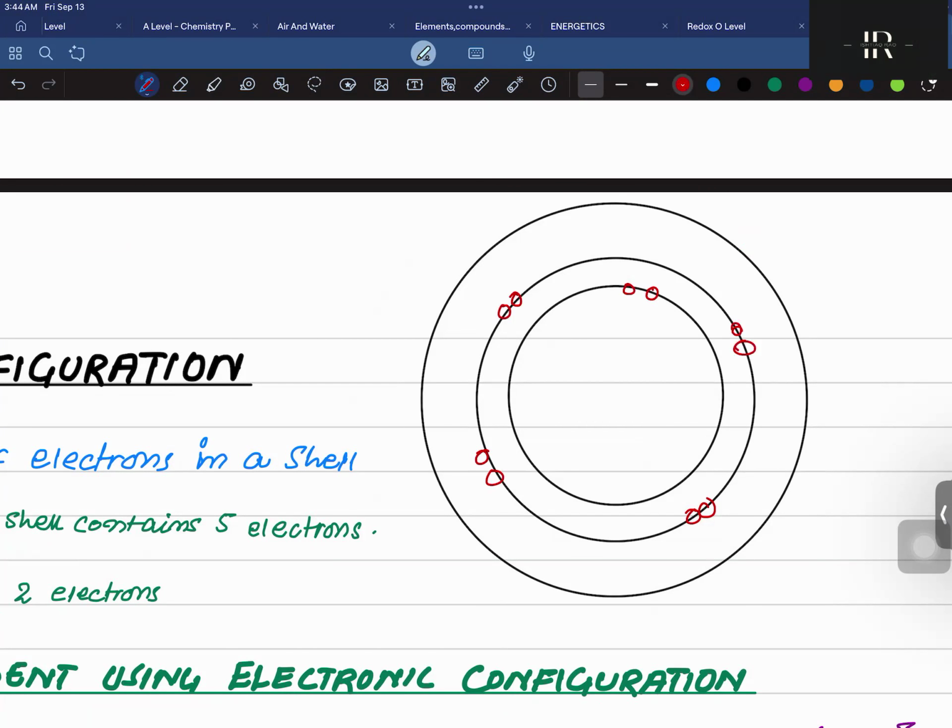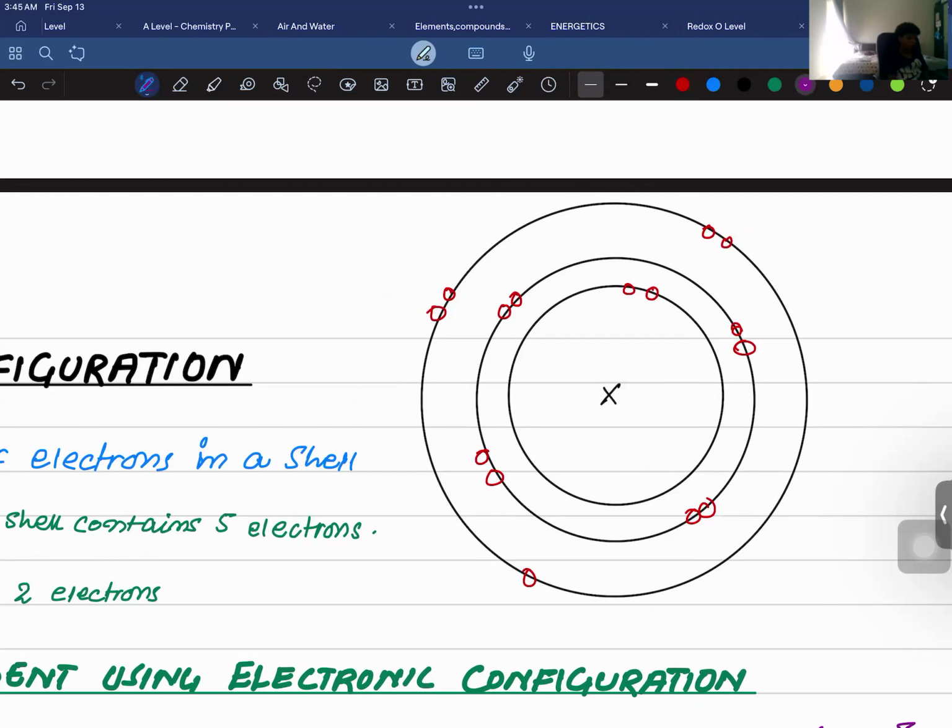This is the second shell, 8. And this is element X. I have to tell the group number and the period number. Can you tell me? I want to see the group number and period number.